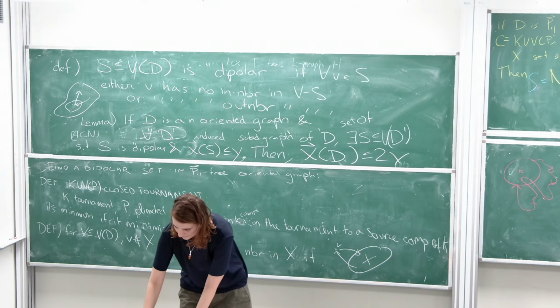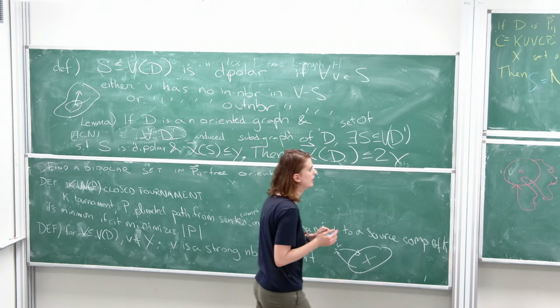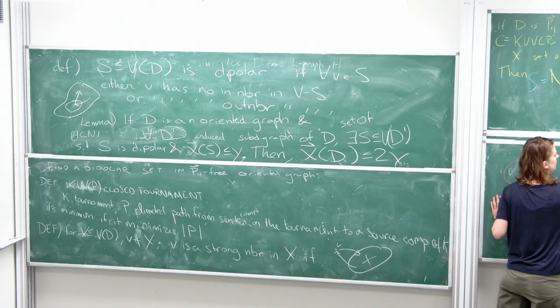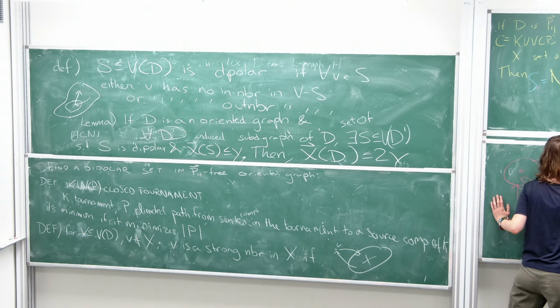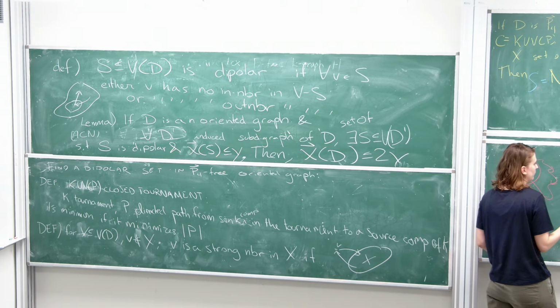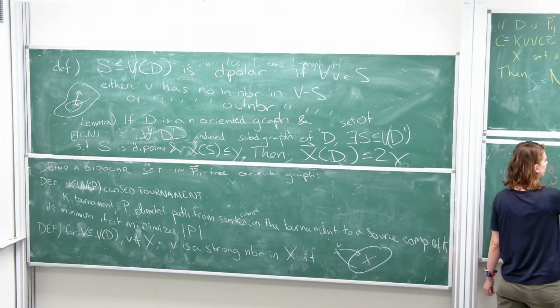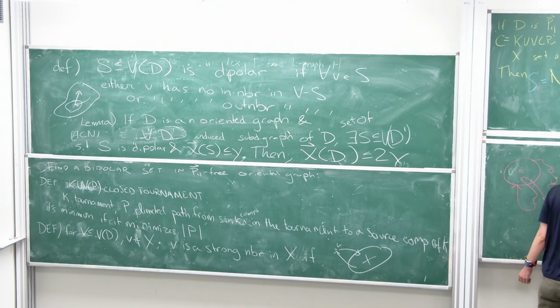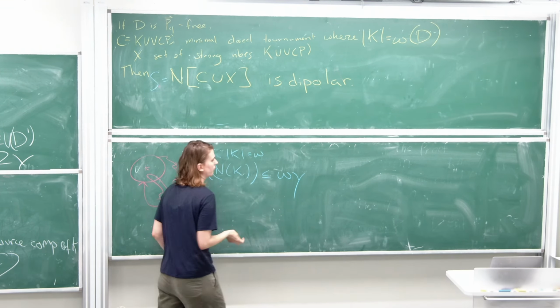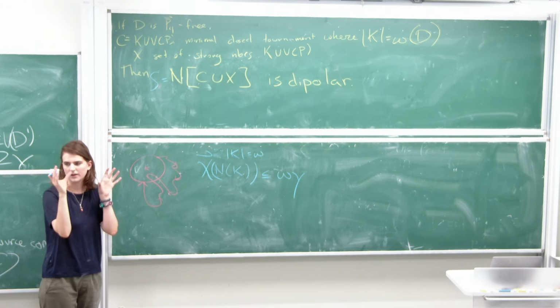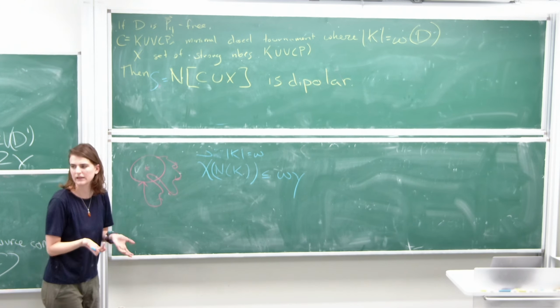And so for the neighbors of K, we can just easily bound them, because K has size omega, so N of K, the dichromatic number of the digraph induced by the neighbors of K, has to have at most omega times gamma, because for each vertex, it doesn't have a maximum size clique in its neighborhood.